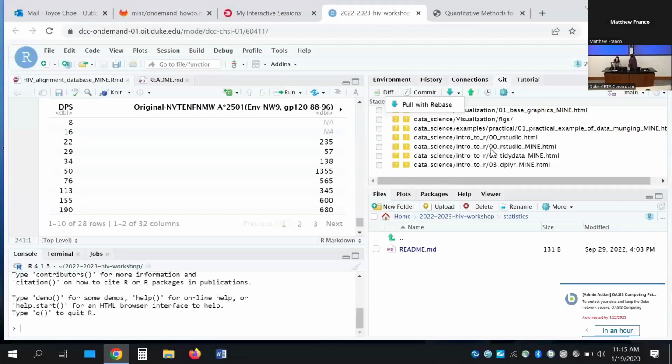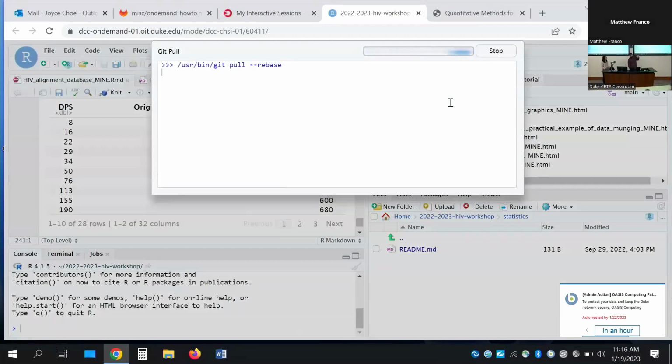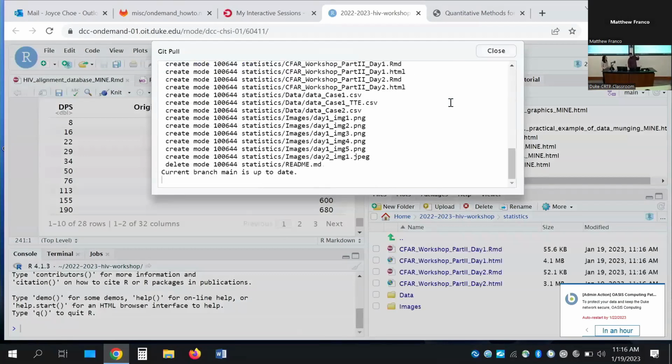So if you are in DCC on demand and you're in the project folder, or if you've made a clone of the repository on DCC, how many people have done that to start with? Okay. And so you're going to just pull with rebase. I believe it is. Hopefully this works very quickly.